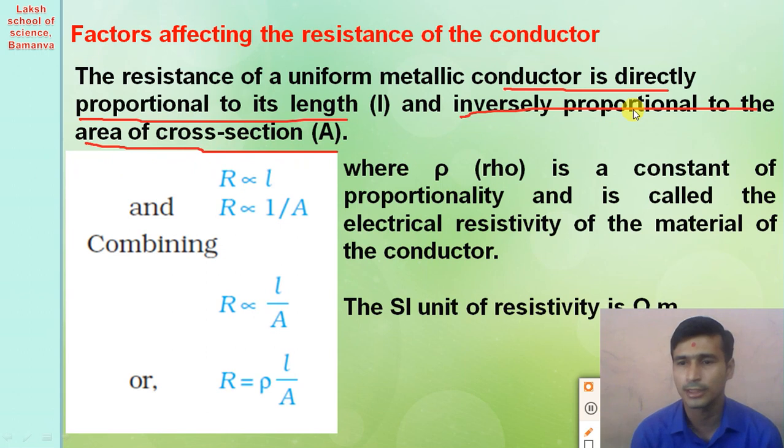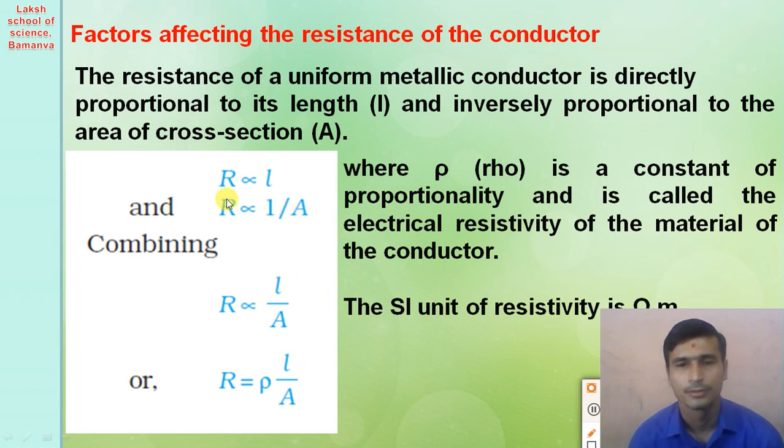So if we take one thicker conducting wire and one thinner conducting wire, the thicker conducting wire has a small resistance compared to the thinner conducting wire. So according to this, we consider the resistance R of the conductor is directly proportional to the length of the conductor.